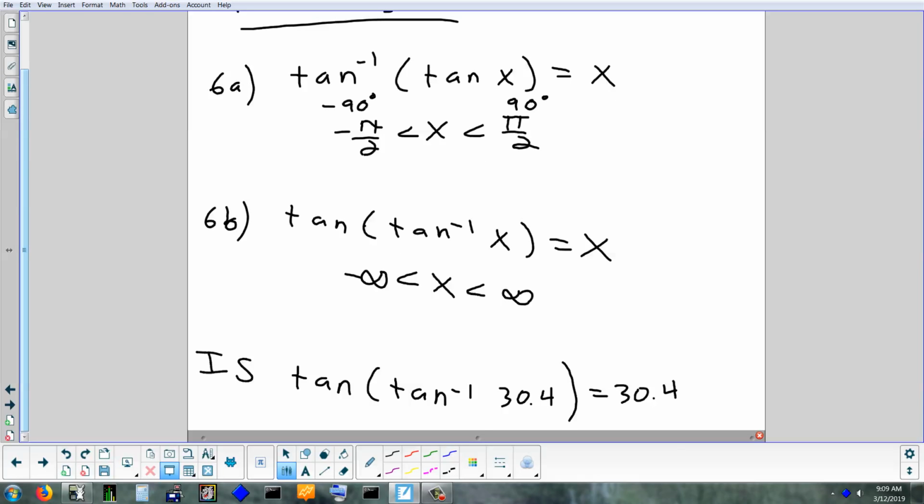So, last one for this type. Is the tangent of the inverse tangent of 30.4 going to equal 30.4? Yep, and how come? What am I supposed to be between for this one? Yeah, anything. Anytime the inverse is on the inside, you don't even need to think about it for tangent. It automatically works.